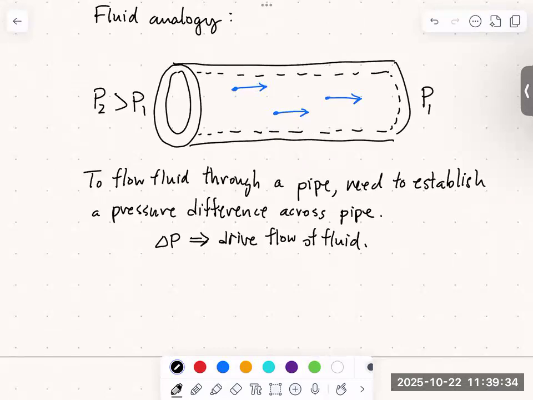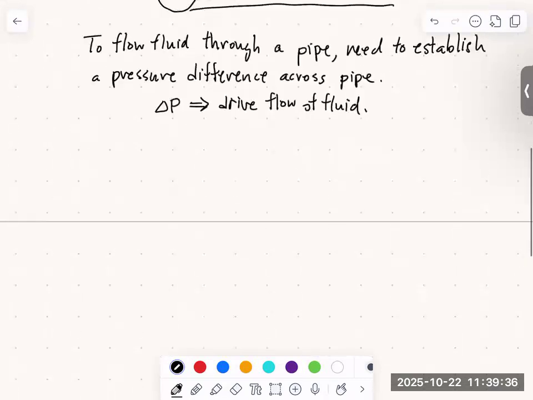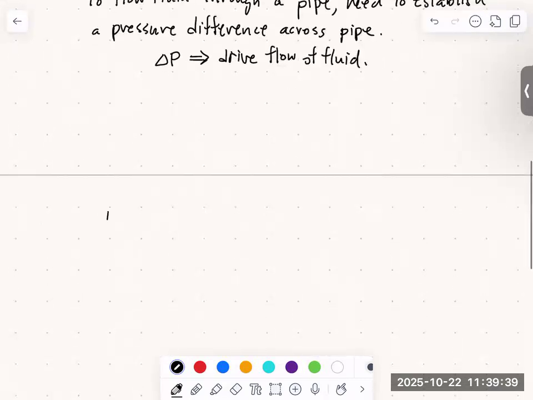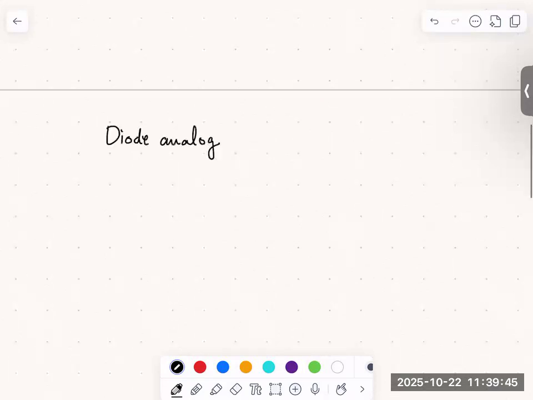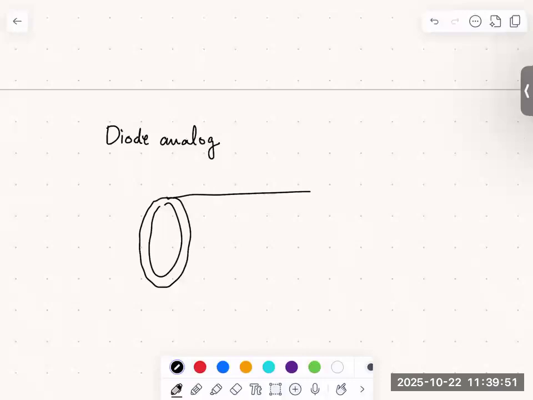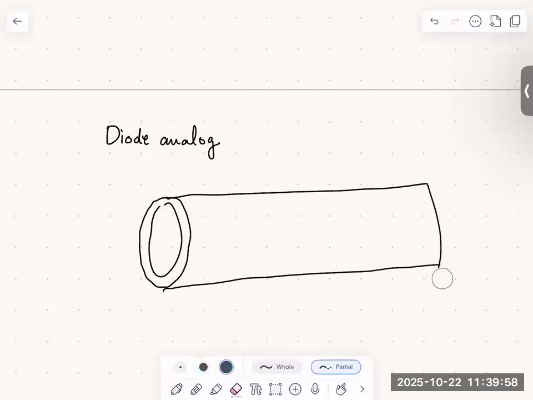So to make a diode, we're going to have to add something to our pipe. And so here's our diode analog. We'll start by just having the regular opening of the pipe, and we'll extend this way, like so.